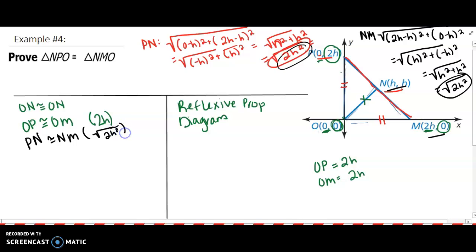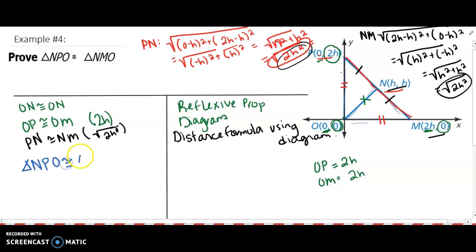Guys, I know you can simplify that, but we haven't worked on it. And that's distance formula using diagram. Okay, so I've shown that this now is congruent to this. So I can now state that triangle NPO is congruent to triangle NMO by the side, side, side congruence theorem.